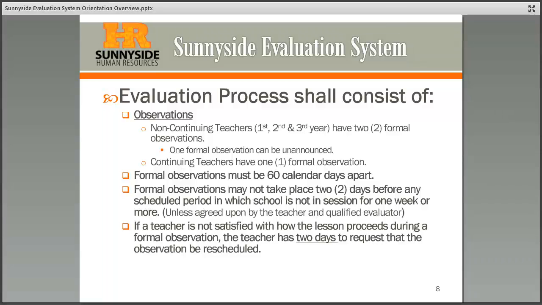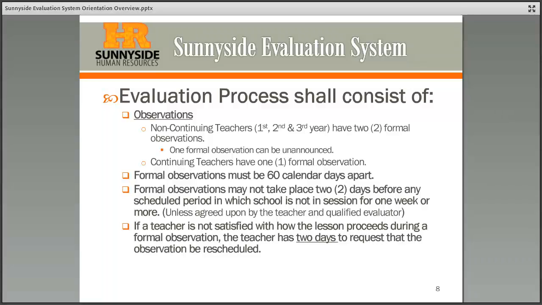Observations for non-continuing teachers in their first, second, or third year have 2 formal observations. One formal observation can be unannounced. Continuing teachers have 1 formal observation. Formal observations must be 60 calendar days apart.